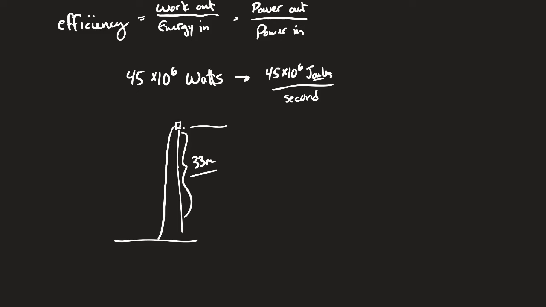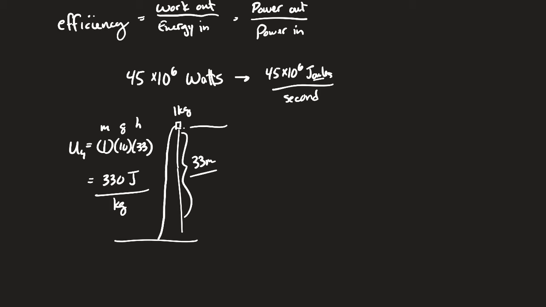If we looked at 1 kilogram of water as it falls from the top to the bottom, the amount of potential energy that water has at the top of the spillway is going to be mgh: 1 times 10 times 33. Now you'd have to use 9.8 if you're going to turn this in for Mastering, but that looks like 330 joules per kilogram of water.